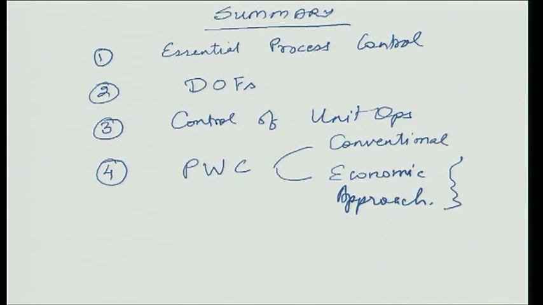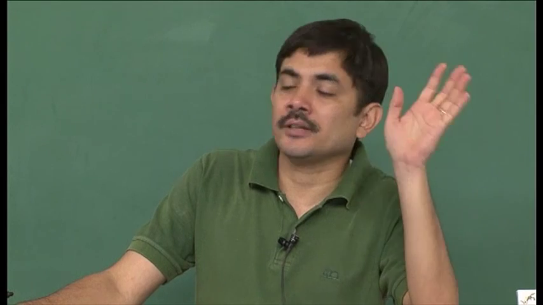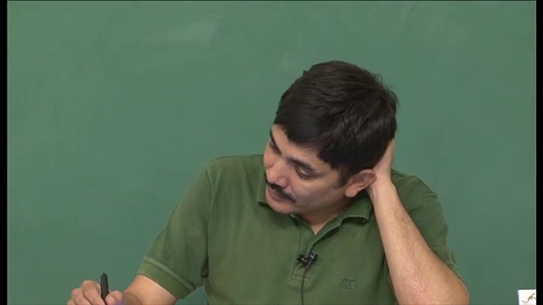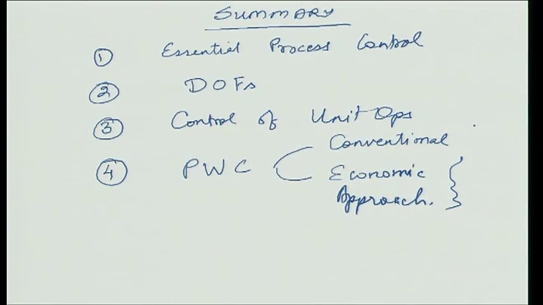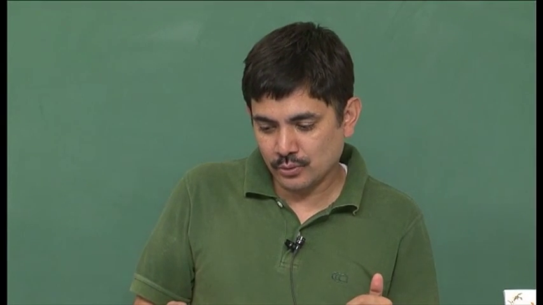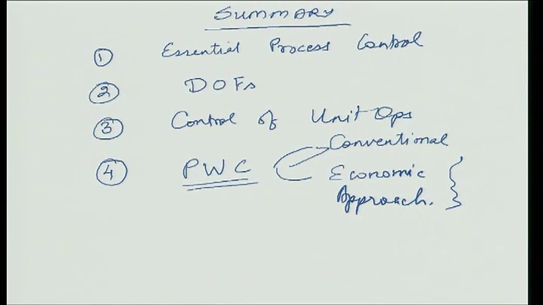And it is in this economic approach that you pair loops first for what is economically important and then do the material balance control. I hope that all of this convinces you that designing a plant-wide control system is like piecing a puzzle together. How you piece the puzzle together, what approach you take: one approach is the conventional approach, the other is the economic approach.